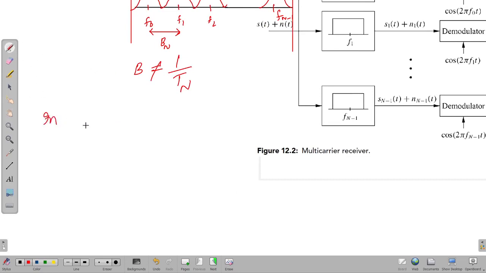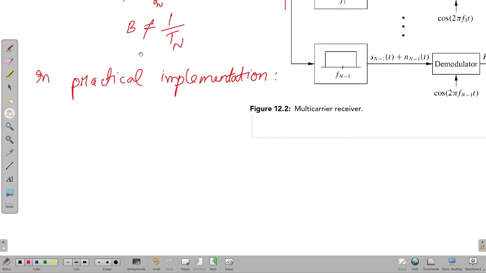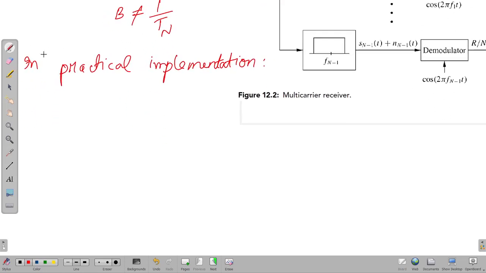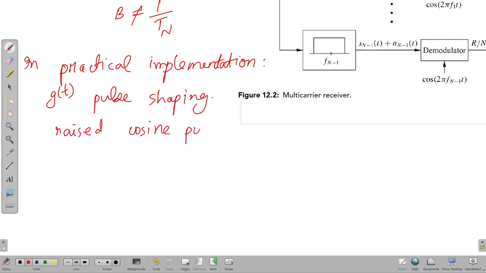In practical implementation, what happens is, for the pulse shaping, that is g of t, raised cosine pulses are used.